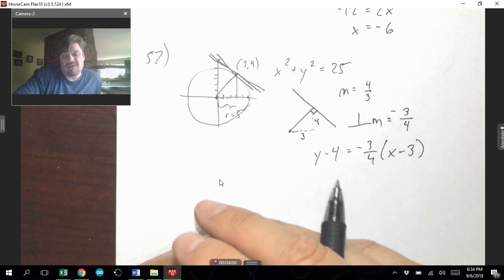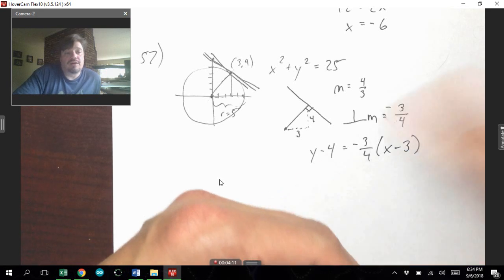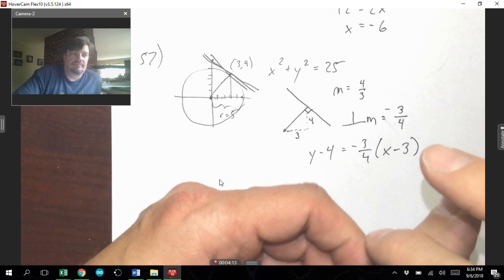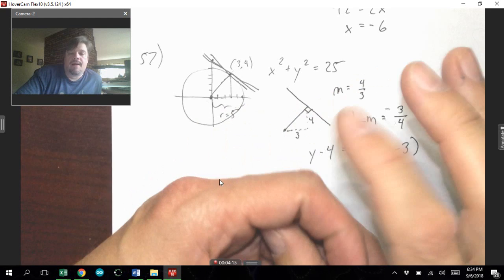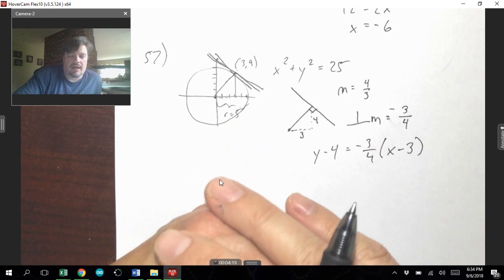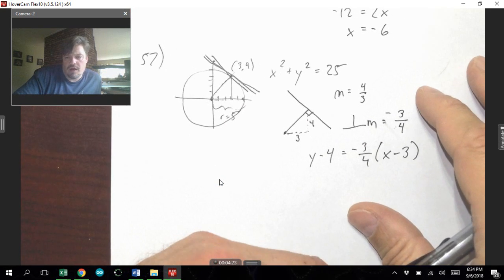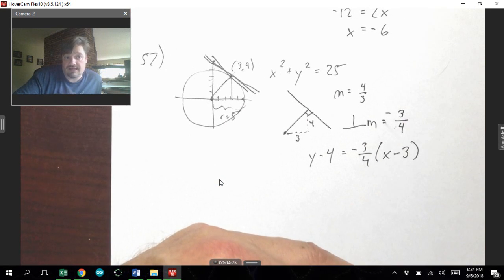Now, if you go look in the answer key in the back of the book for 57, you might find it in a different form, but this is the same line. So let's switch this into slope-intercept form, just in case that's what your answer is, but this is technically fine.